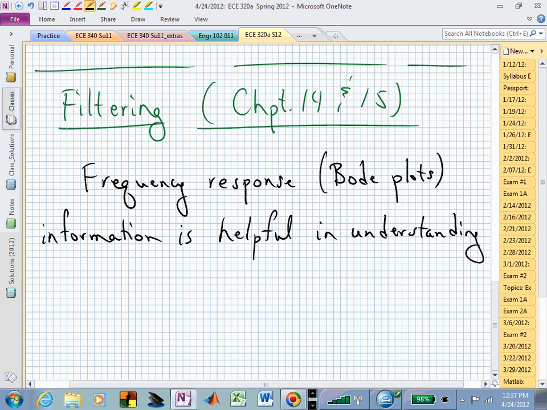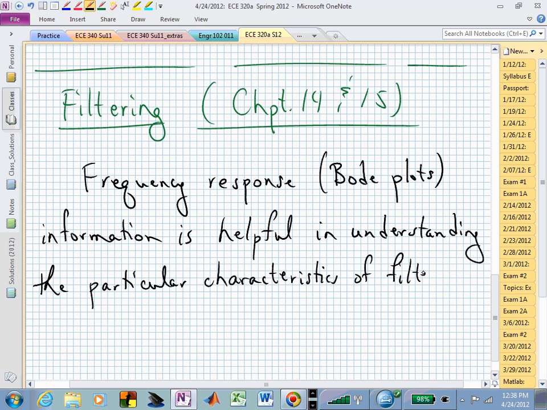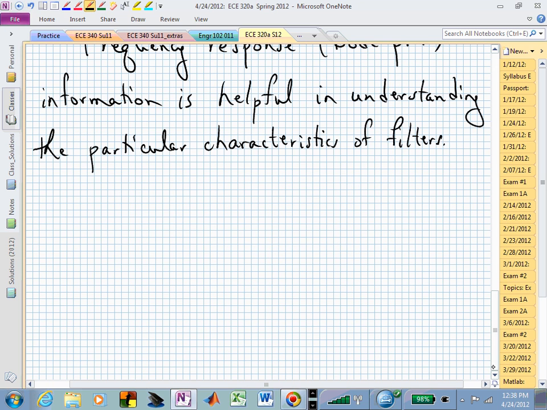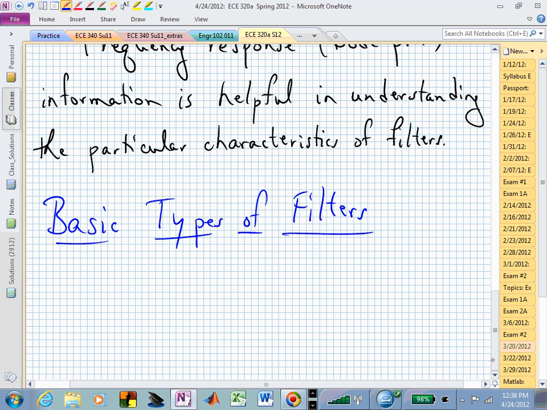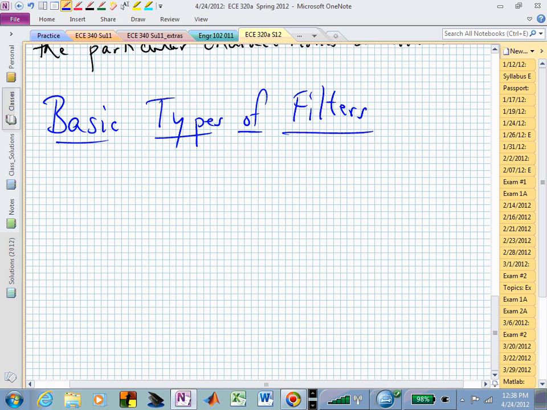The frequency response information is helpful in understanding the particular characteristics of filters. And let's just look at 4 basic types. And we can actually think our way through those in terms of passive circuits to realize these kinds of filters.